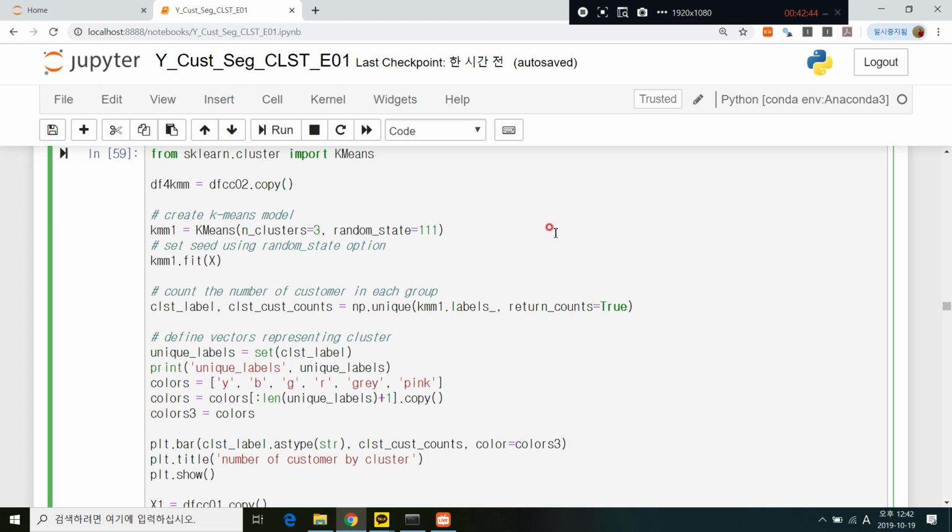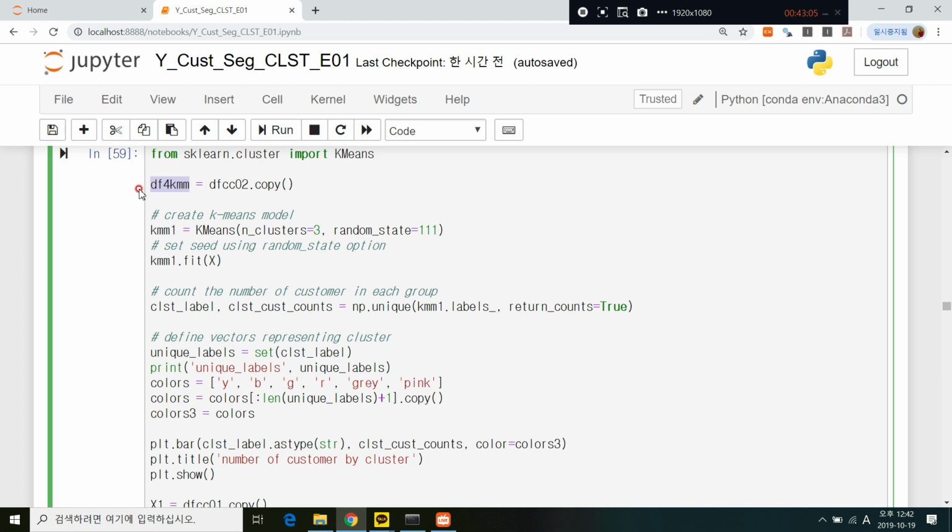Now it's time to build a cluster model. For the clustering input, we input k-means, and then we create a dataset file. We use this copy.